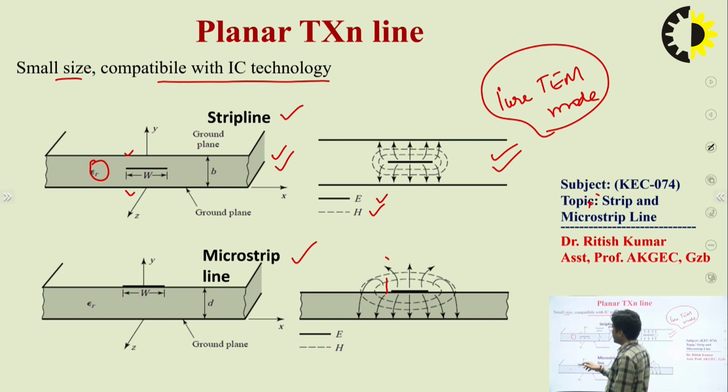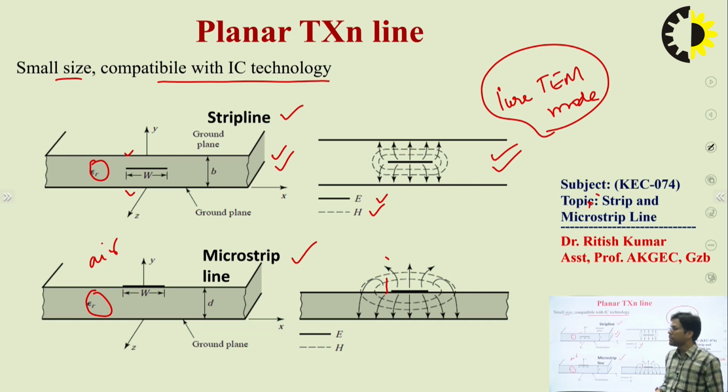The upward side is the air media and the downward side is the dielectric media, which has permittivity epsilon r. So the first condition to have a TEM mode, that the transmission line should have at least two distinct conductors, is satisfied by this microstrip line as well.